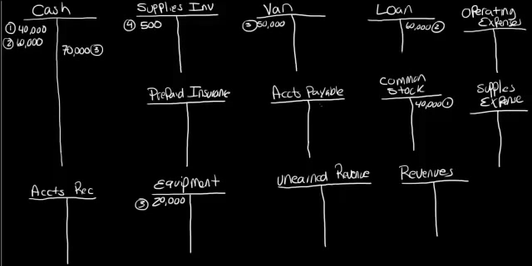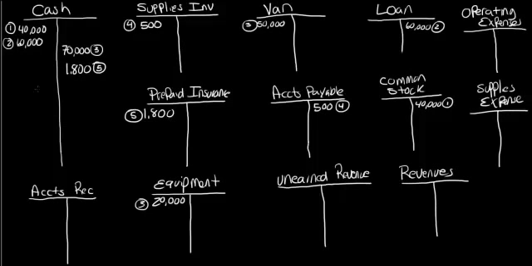That purchase was made on account, so they have not yet paid for it, so we're going to credit accounts payable. We then bought some insurance for the next 12 months. That's journal entry number 5: they paid $1,800 for this 12-month insurance policy. So we're going to credit cash and debit prepaid insurance.